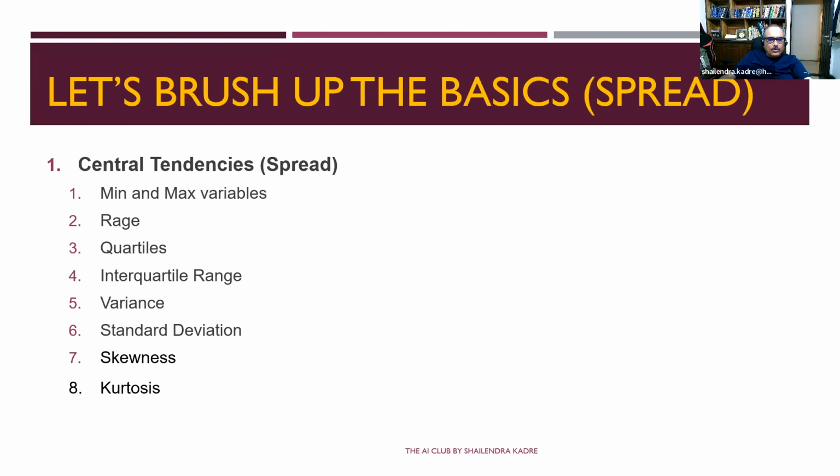Interquartile range: Q1 is the 25th percentile, Q3 is the 75th percentile, and interquartile range is Q3 minus Q1. So it means the middle 50% part of the data set. Then variance: its unit is always squared, and standard deviation is nothing but the square root of variance. Its unit is the same as the data. That's what we studied.